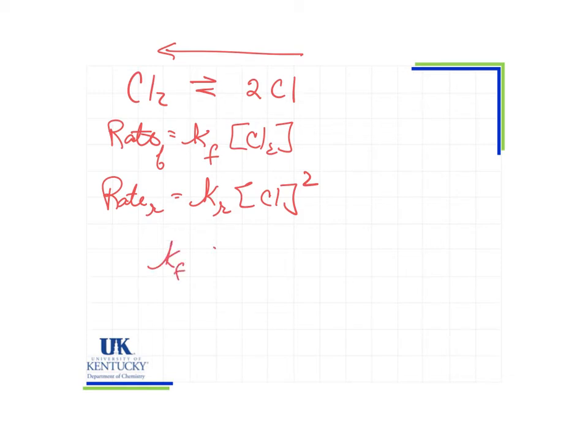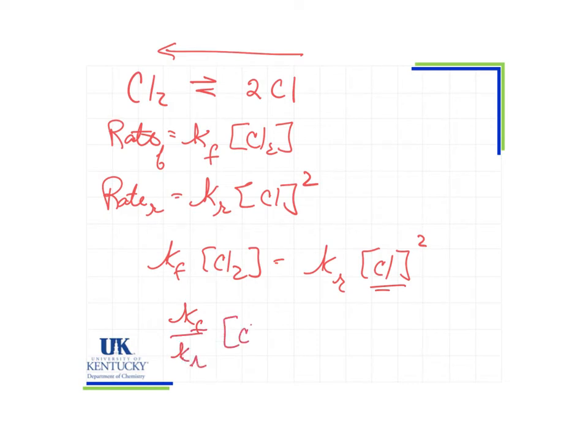So kf times Cl2 is equal to kr times Cl, and that's squared. Now, I'm going to solve for just Cl. So let's get our constants over. kf over kr times Cl2 is equal to Cl squared.